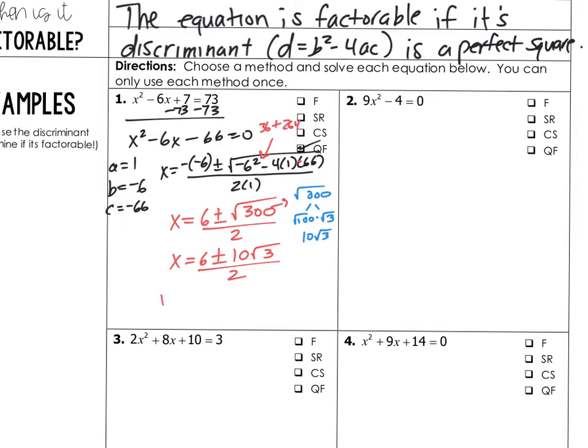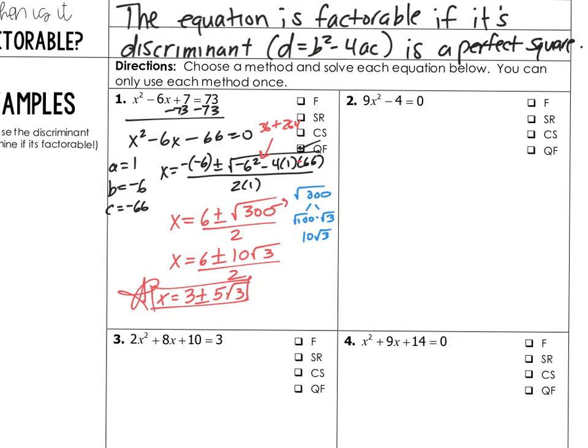So x equals 3 plus or minus 10 divided by 2 is 5 square root of 3. And this is our answer. This is as good as we're going to get for the roots. So it's 3 plus 5 times the square root of 3, 3 minus 5 times the square root of 3. And it's going to be an irrational answer, so there's no point to simplify it any further. Okay, that's good.